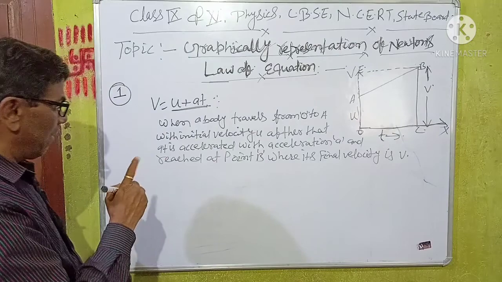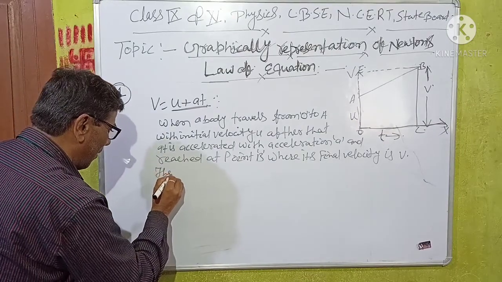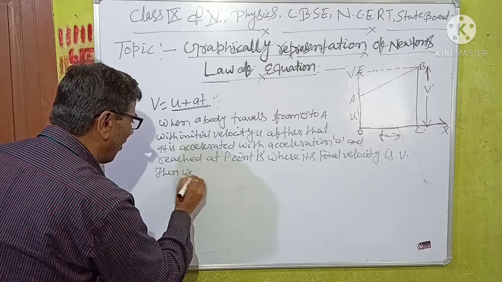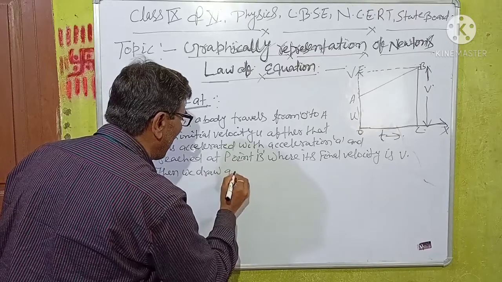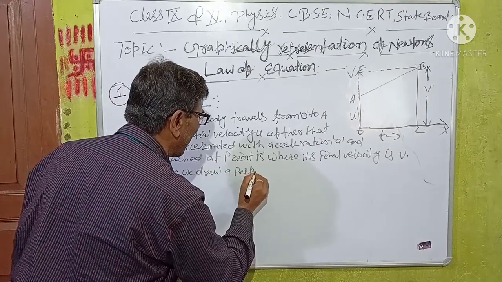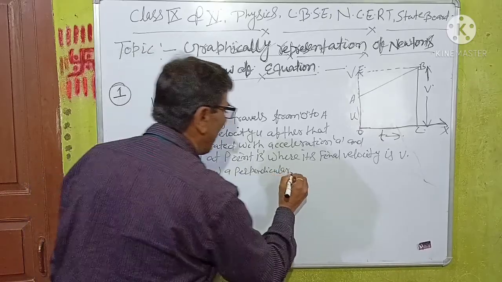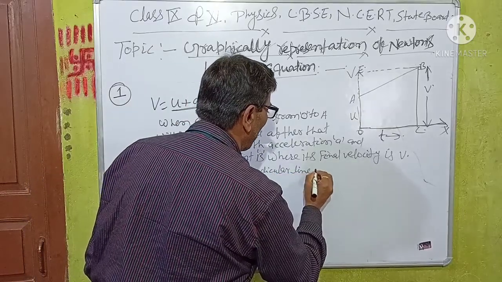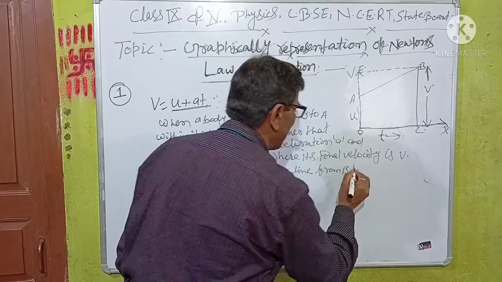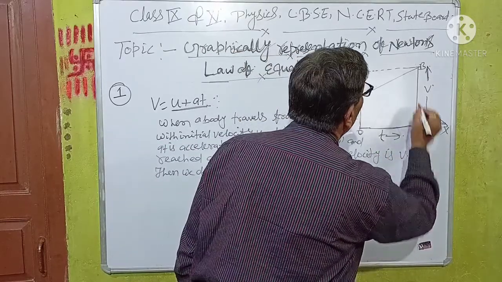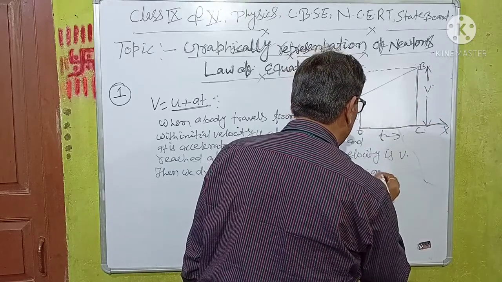Then we draw a perpendicular line from B to C on the time axis.